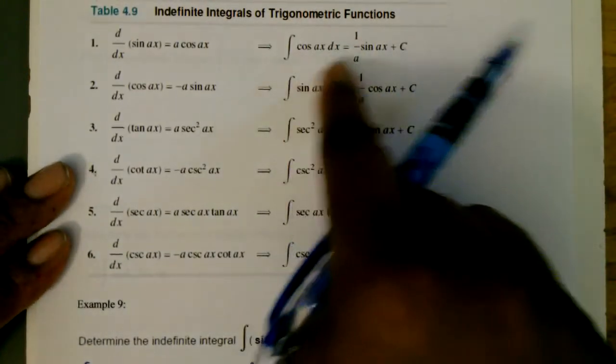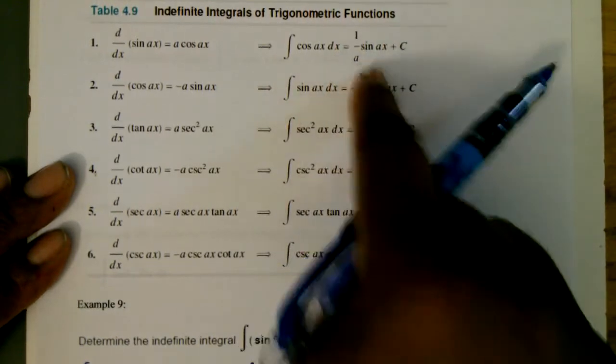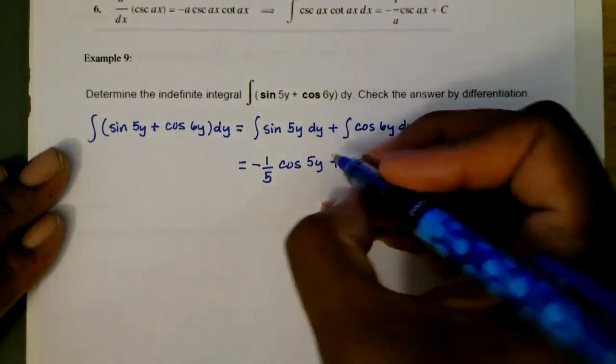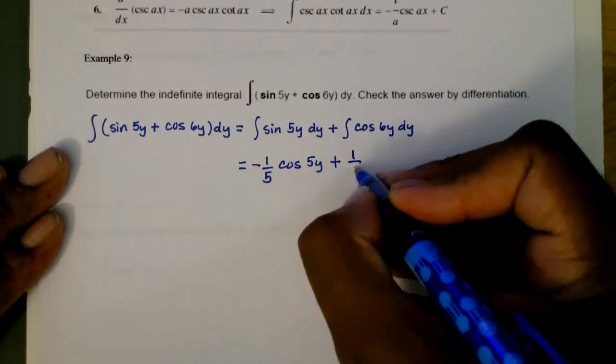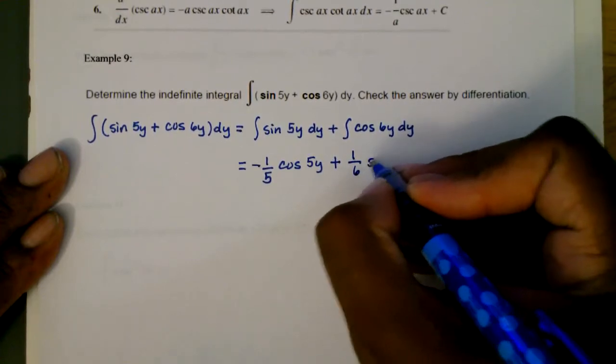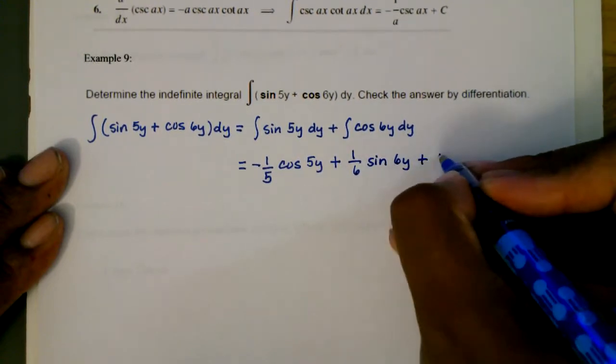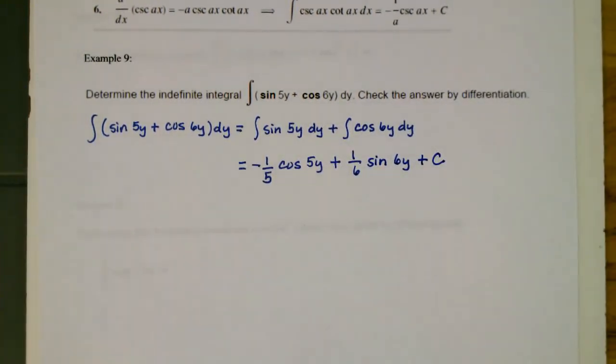Well, using this right here, there'll be 1 over a sine of ax plus c. So I'm going to have 1 over the constant, which is 6, times the sine of 6y. And then, of course, since it's an indefinite integral, I need to include that plus c. So all I'm doing there is applying those indefinite integrals of trigonometric functions to this example.